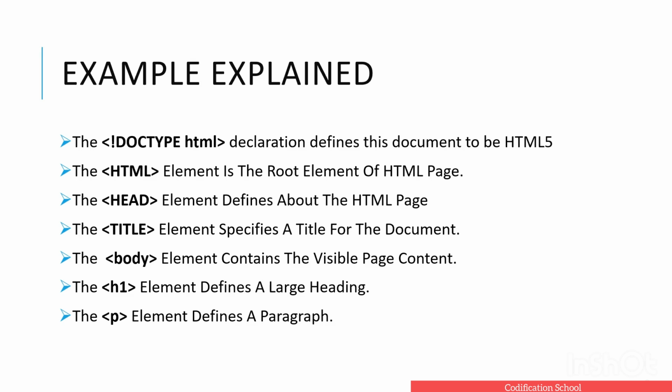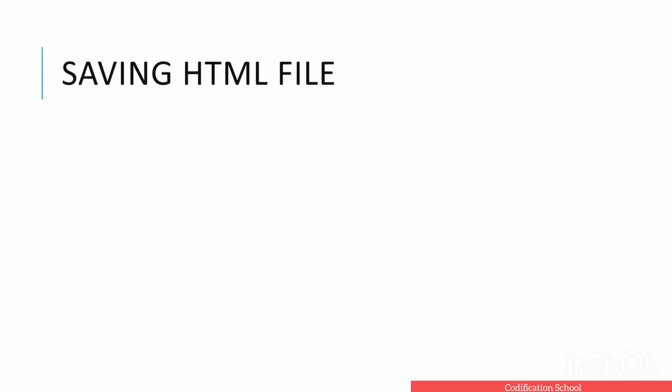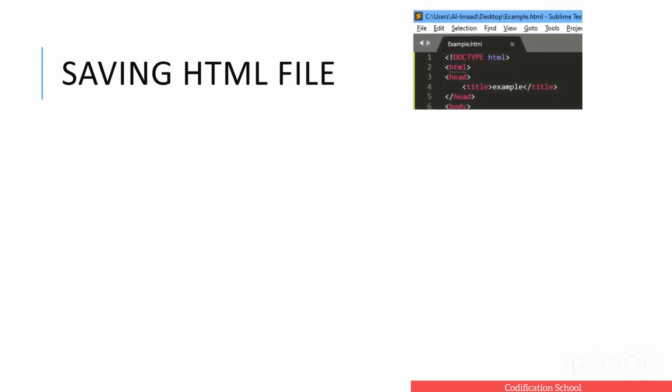So let's go ahead and check out how we can get started. The very first thing to get started, we need a text editor. So we'll be using the Sublime Text Editor for this demo. This is a window from the Sublime Text Editor.